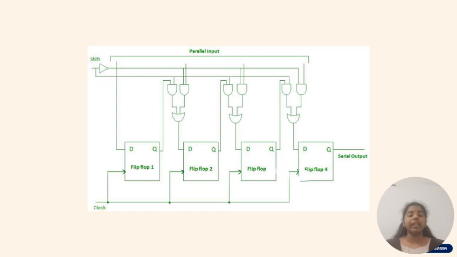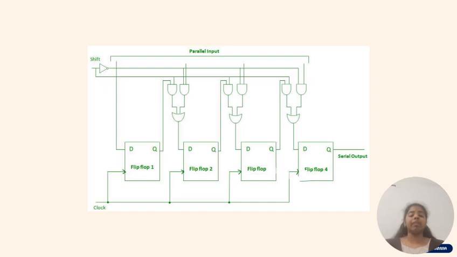Now let's check the circuit diagram of the PISO. Now we have 4 flip-flops D1, D2, D3 and D4. The outputs are Q1, Q2, Q3 and Q4. The normal input D is connected, and the next input D is connected through the output, shift and normal input. We'll use 2 AND gates and 1 OR gate to connect the next input. For the first AND gate, we'll connect Q, the output of the first flip-flop, and shift.